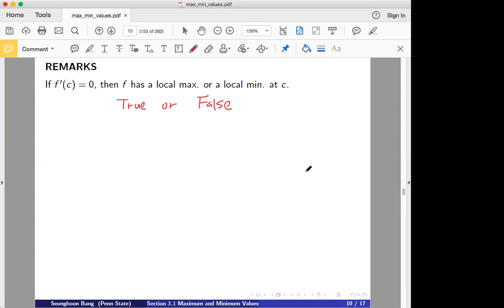Is it true? Like the last example, it seems like it's true, but unfortunately it's false. A counterexample is f of x equals x cubed.